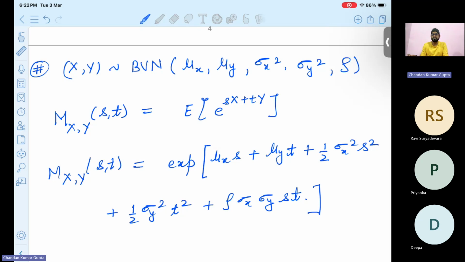So this is the moment generating function for the bivariate normal distribution.